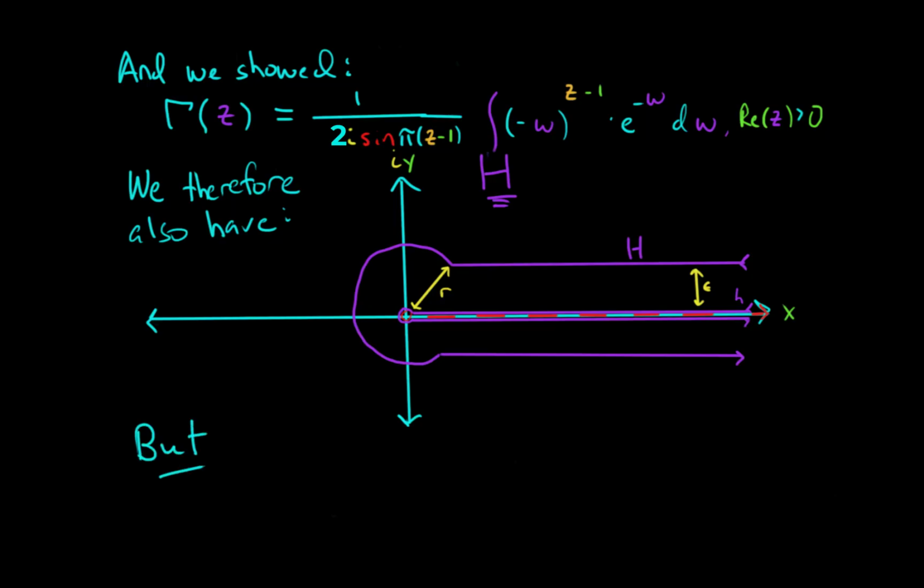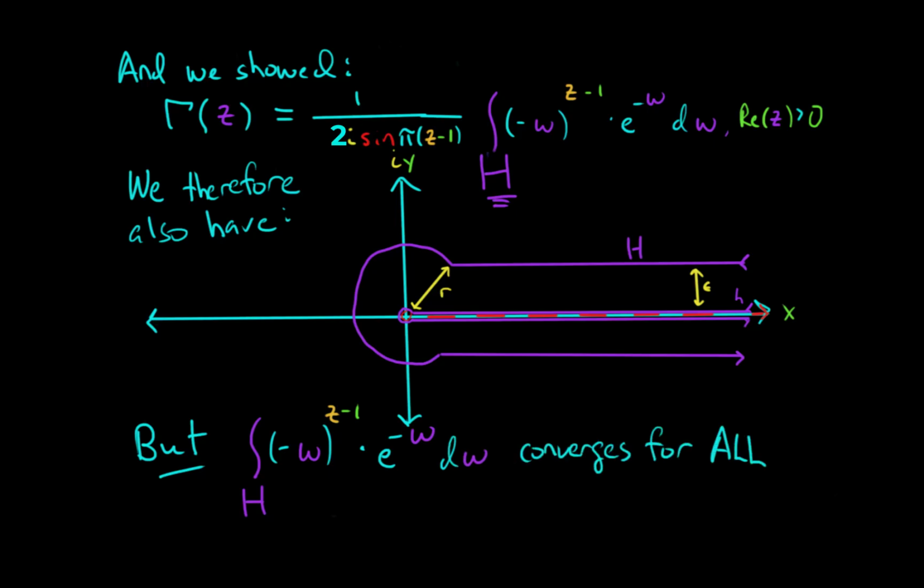But here's the wonderful thing. That integral converges for all z, except where we have poles at 0 and the negative integers.